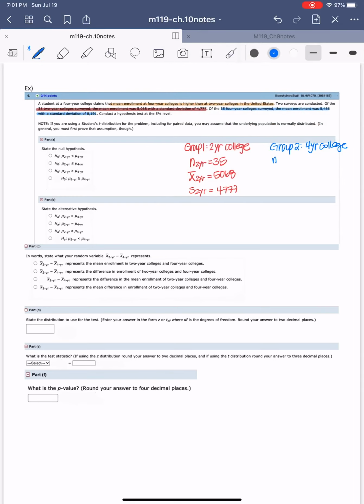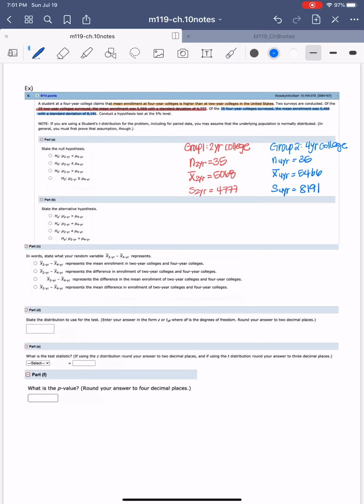Sample size is same, 35. Mean enrollment, so sample mean, out of 35 data of the 4-year was 5,466, and then s for 4-year will be 8,191.